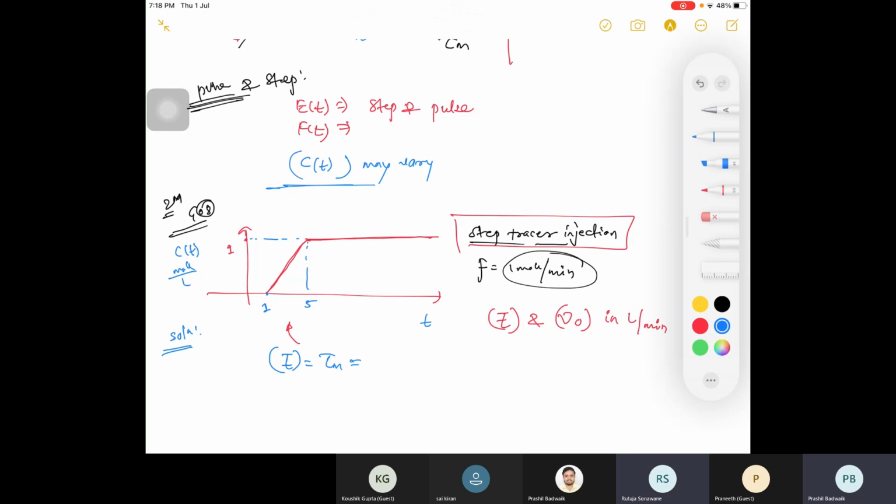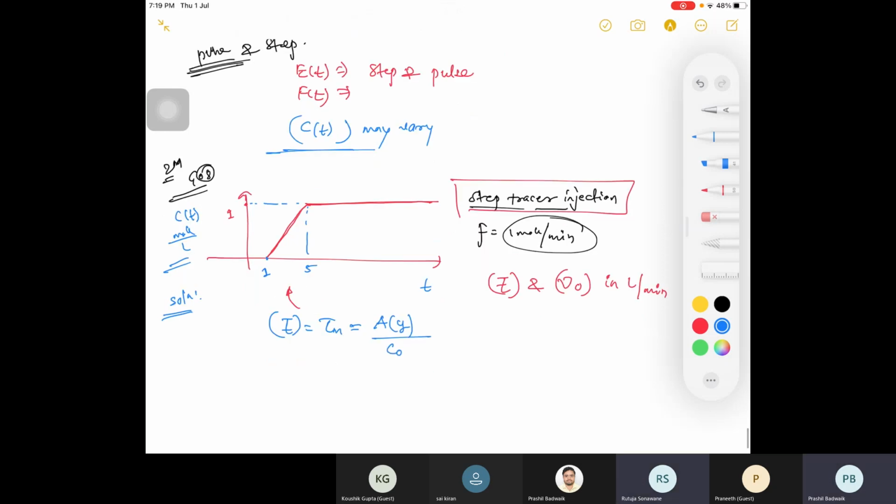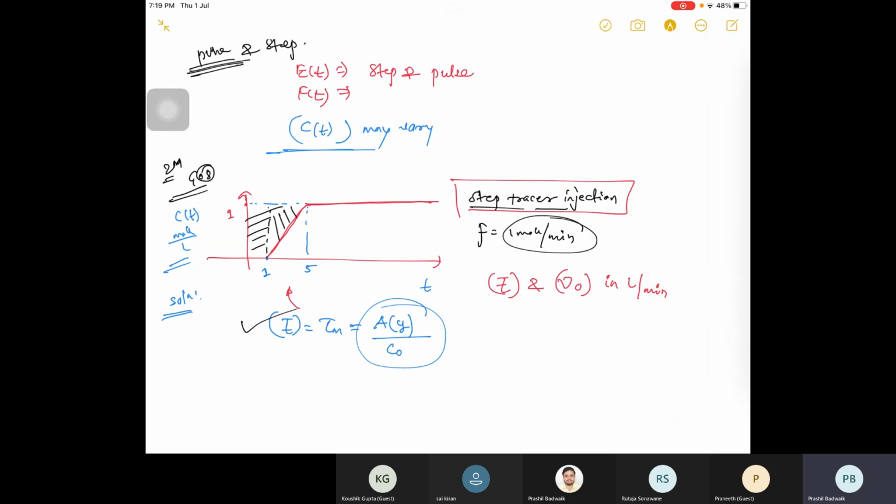But what is the way if the C curve is given and it is step tracer injection? Area along y axis divided by C naught. Use this concept and calculate your area along y axis and your C naught. C naught is your 1 mole per liter.